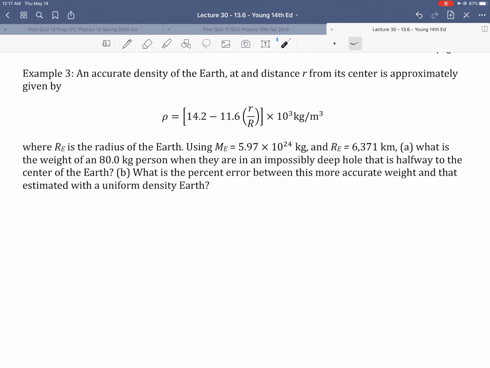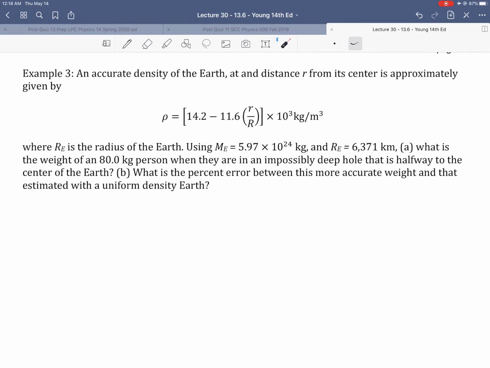Arithmetic, right? 14.2 minus 11.6 is 2.6. So it'd be 2.6 times 10 to the 3, 2,600 kilograms per cubic meter. In other words, at the very surface where little r equals big R, the density is about 2.6 times the density of water instead of 14 times the density of water. All right, so big difference.